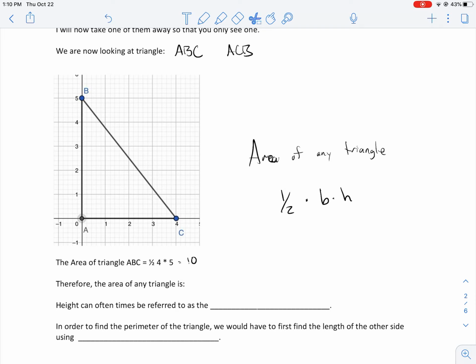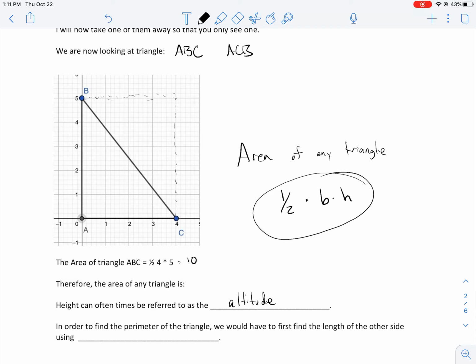That's derived from the fact that in this particular case, if I took that triangle and put it on the other side, kind of reflected it over line BC, we would get our full rectangle. So the area of any triangle is 1/2 base times height. Height can also be referred to as altitude.